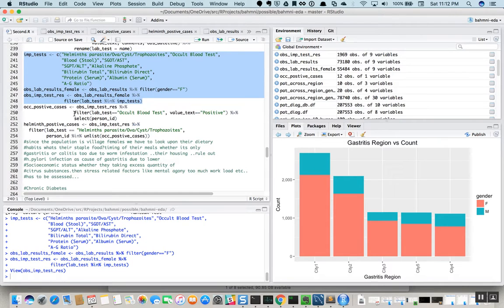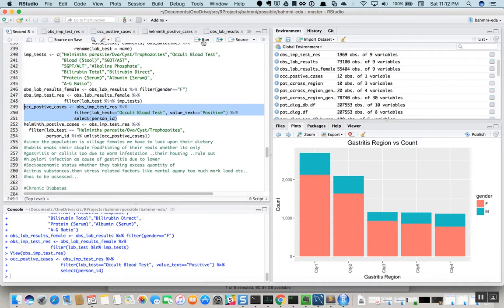Maybe to take a step further, what I did next was to concentrate only on the occult blood test from these important test results, to see if that is giving us some indication. From all the important test results, I filtered on the occult blood test with a value of positive. Let's see what data that gives.